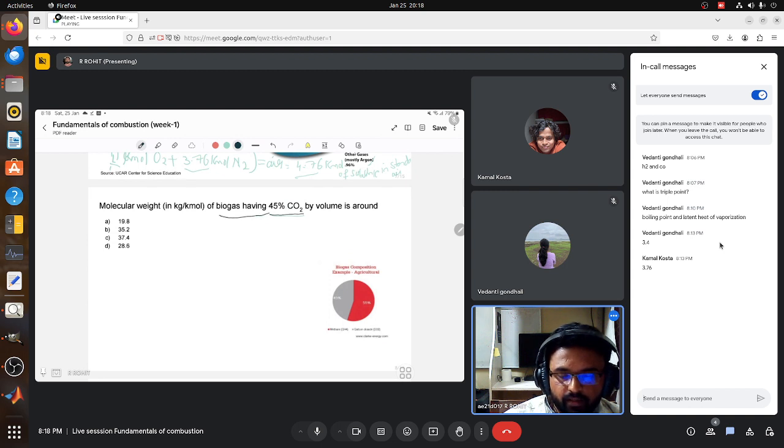Biogas here, what is the molecular weight? Yeah, that's right. Here we have 28.6 kilogram per kilomole. So how do we calculate it? We have 1 kilomole.